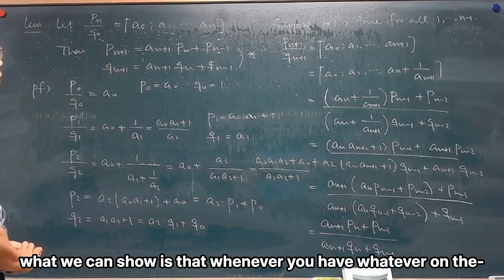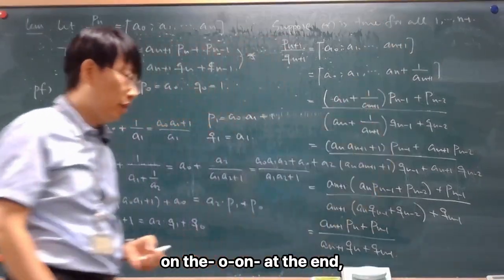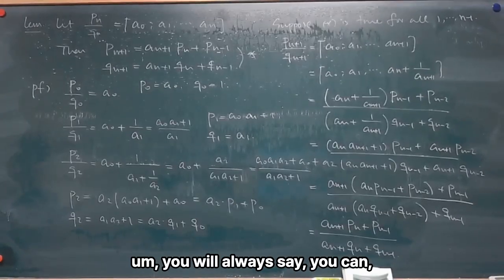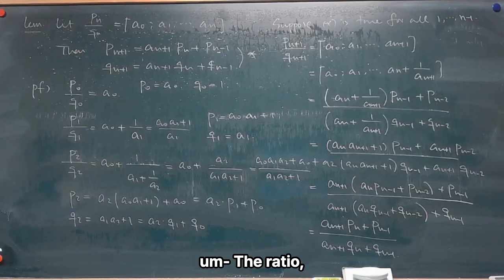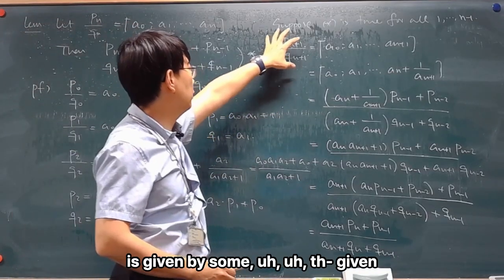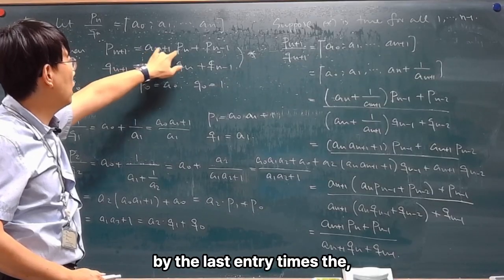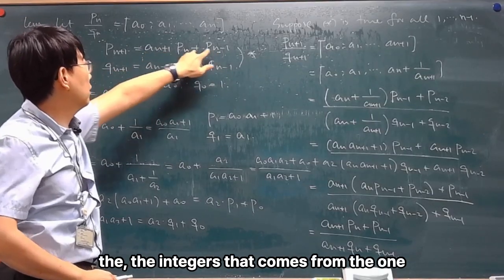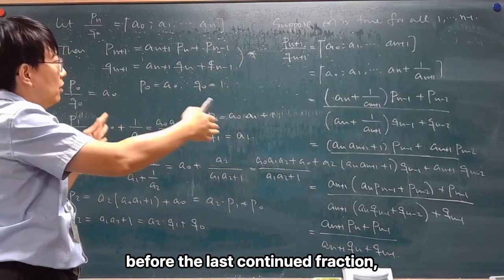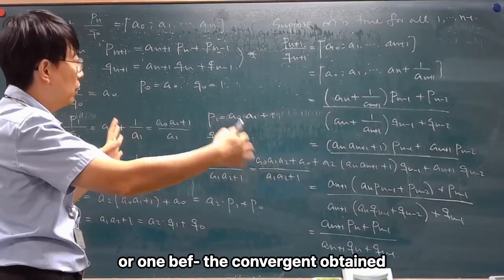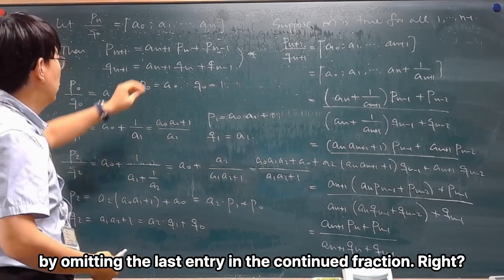So from here, what we can show is that whatever you have at the end, you can always say that the continued fraction, given as a ratio, is given by the last entry times the integers that come from the one before the last, the convergent obtained by omitting the last entry in the continued fraction, right?